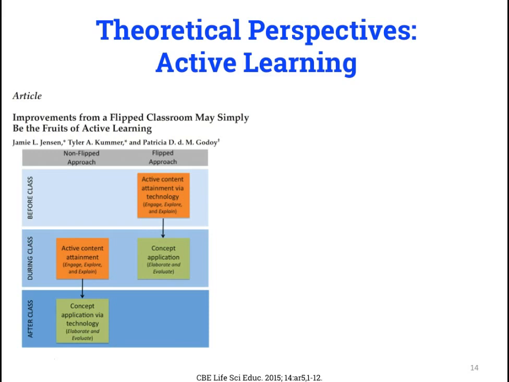They then also compared these groups to the traditional model that had been used in the year prior, and both groups were thought to be superior in terms of learning and outcomes in that regard. So they then proposed that learning gains are more likely the result of the active learning style of instruction rather than the order in which it's implemented.